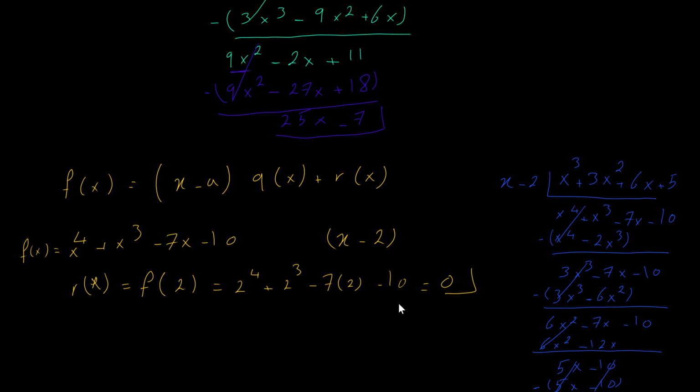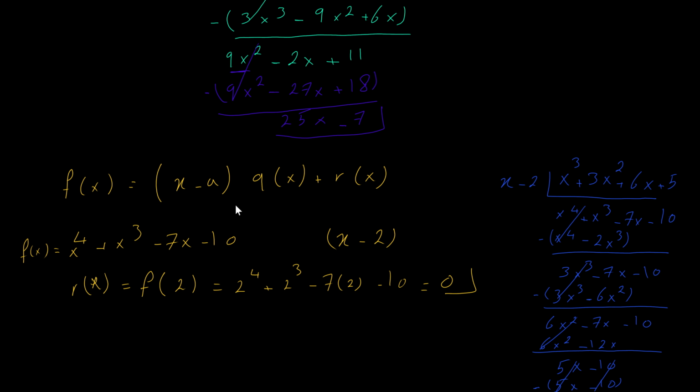So now this was the remainder theorem. The factor theorem is derived from the remainder theorem and says that the value of a, whatever it is, is the root of the polynomial exactly when the remainder is equal to 0. So it's basically the opposite of the remainder theorem.